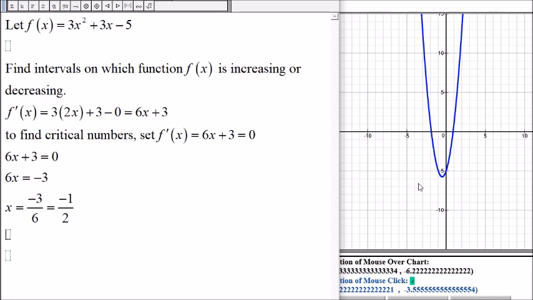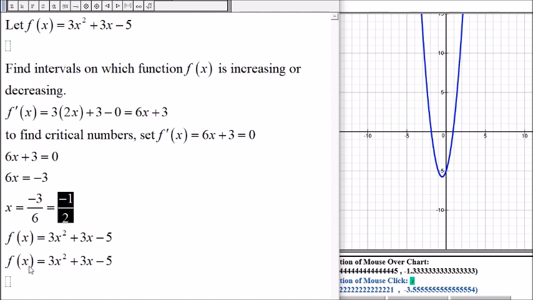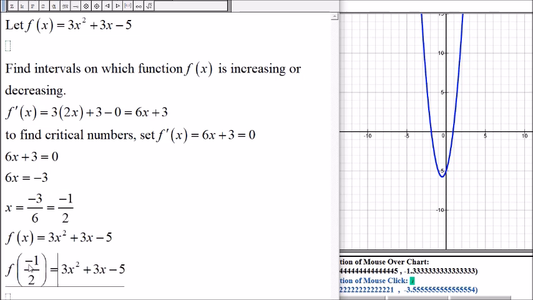And so to find this point right here, we need to evaluate the function at negative 1 half. So in the place of x, we put negative 1 half.